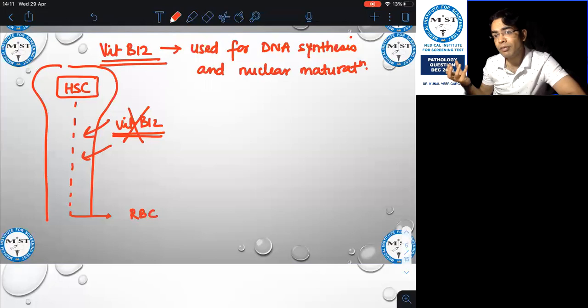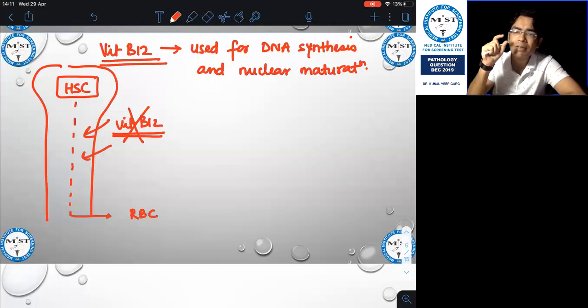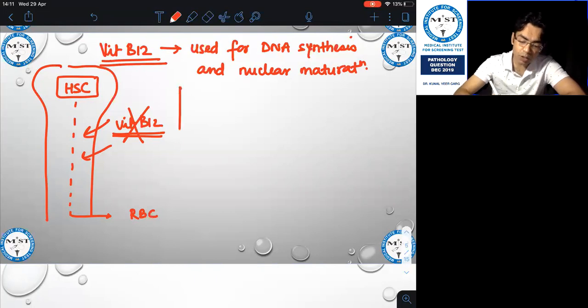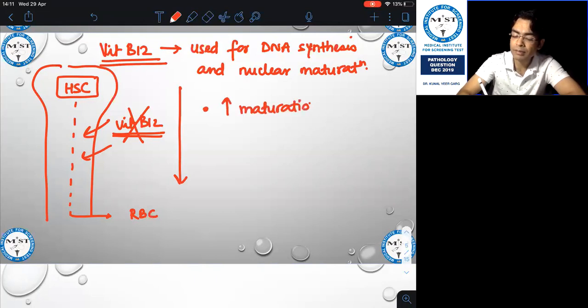That is why the RBC, the final product, does not contain the nucleus. And we all know that RBC is a 7 to 8 micron size cell, whereas the hematopoietic stem cell is a big cell. It's a stem cell, so it's a big cell. So what I can say is that from up to down like this, there are two things. Maturation is increasing. That is why you are getting a very mature cell outside the bone marrow, and the size of the cells is decreasing.